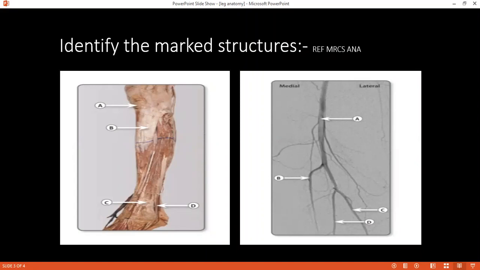The diagnosis of compartment syndrome is on the clinical basis of pain, pain out of proportion, then pulselessness, then swelling, then pallor, and then we can confirm it by ABPI, but that's not required. Basically, that's a clinical diagnosis.